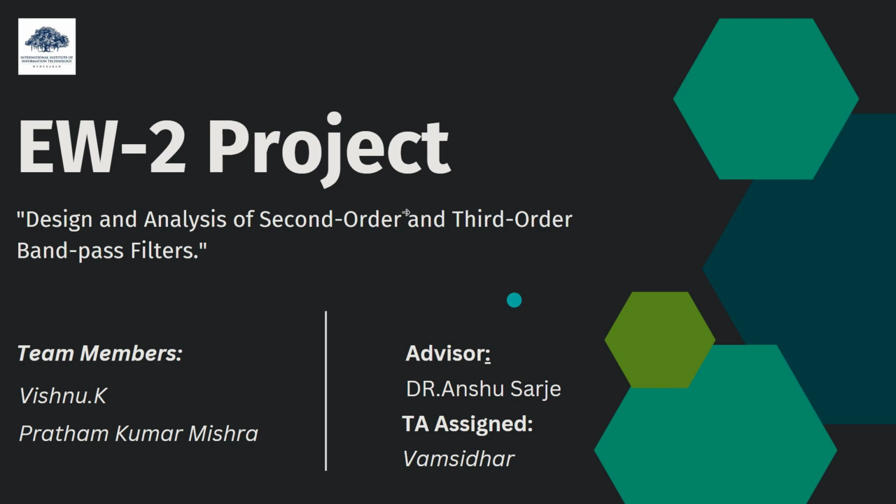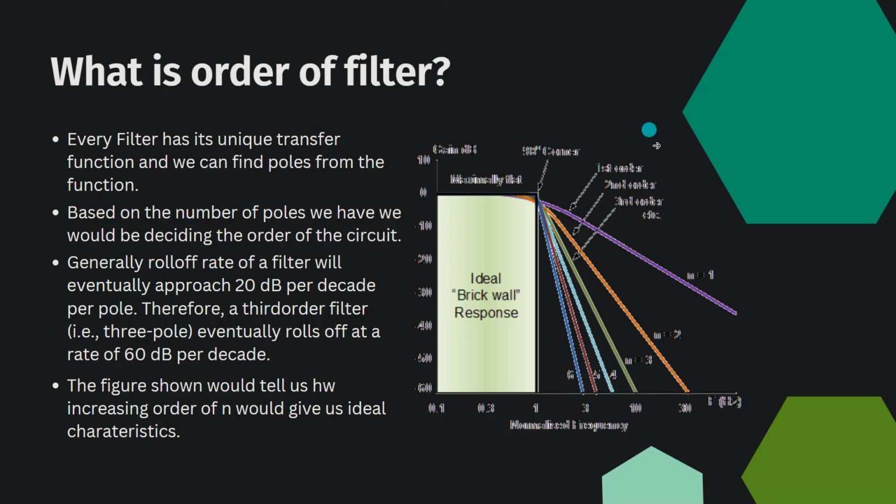Now we can see that the order of the filter determines the slope, and as the order increases the graph gets steeper and steeper. So we would have a better fall if the order keeps increasing.